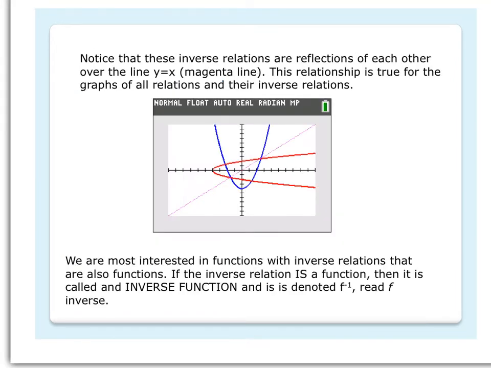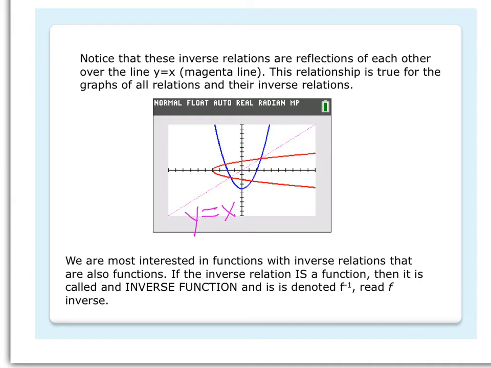If you notice on the previous slide, we have another column there in the table that's magenta, and we have this magenta line going through. That magenta line is the equation y equals x. That line y equals x is to show that a graph and its inverse are reflections of each other over that line.